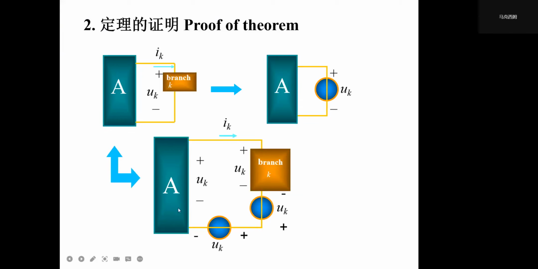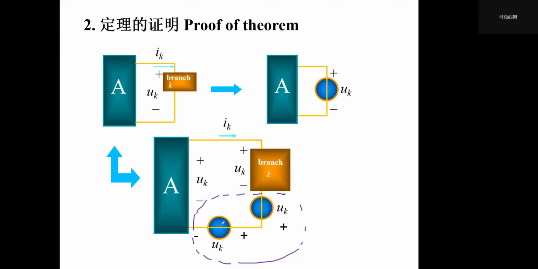So together they will contribute nothing, right? Those two will counter the effect of each other, so it will behave like the original one, right?